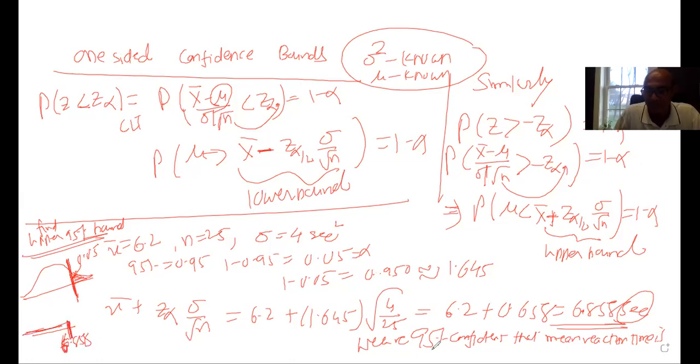So we are 95% confident that mean reaction time will not exceed this. Mean reaction time is less than 6.858 seconds. So that's how you can use the upper and lower bound.